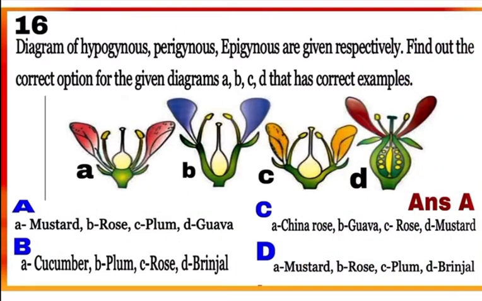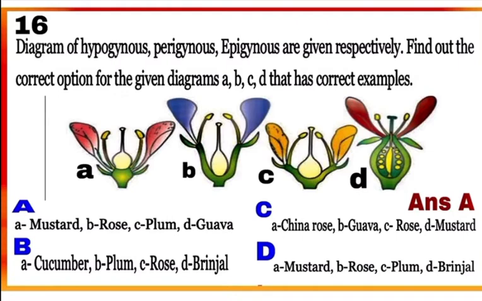Question 16. Diagram of hypogynous, perigynous, epigynous are given respectively. Find out the correct option for the given diagrams A, B, C and D that has correct example. Option A is correct. Diagram A is showing hypogynous flower and its example is mustard. Here the ovary is superior.